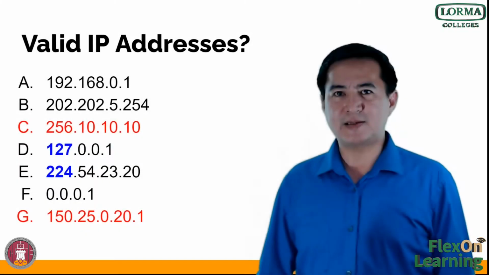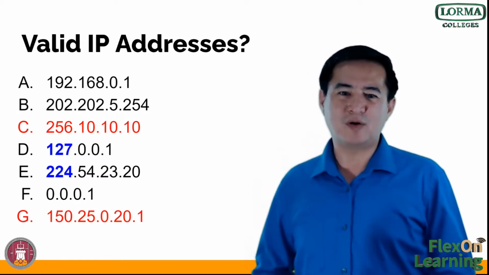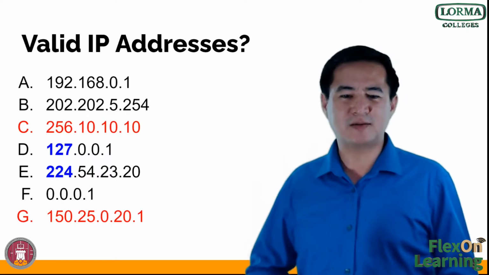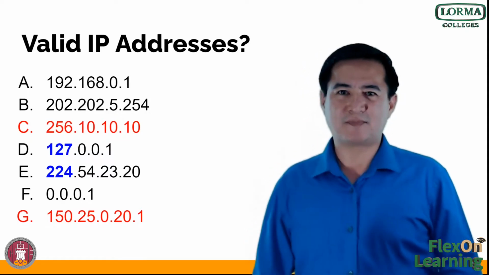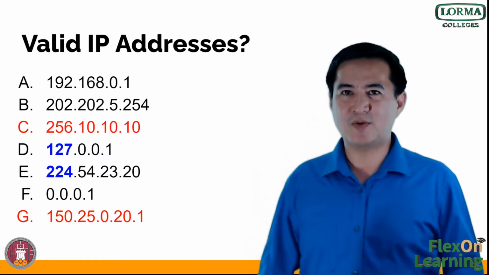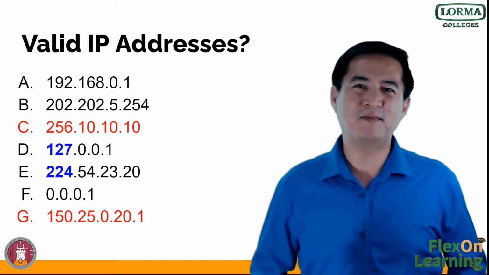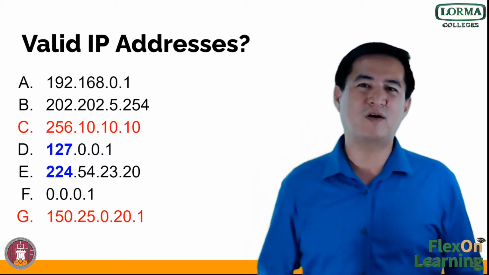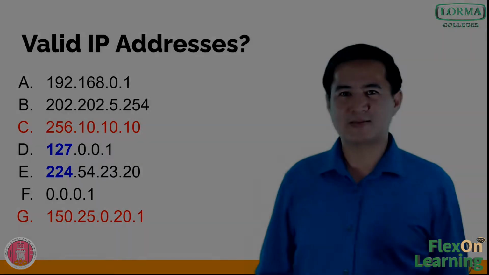And the next is letter E. It starts with 224, which is mentioned as a reserved IP. Item G is an invalid IP address. Can you guess why? Yes, because it contains 5 octets. Remember, we only have 4 octets in a valid IPv4 address.